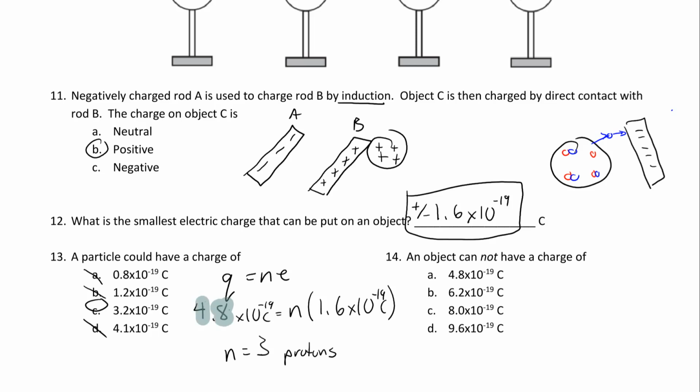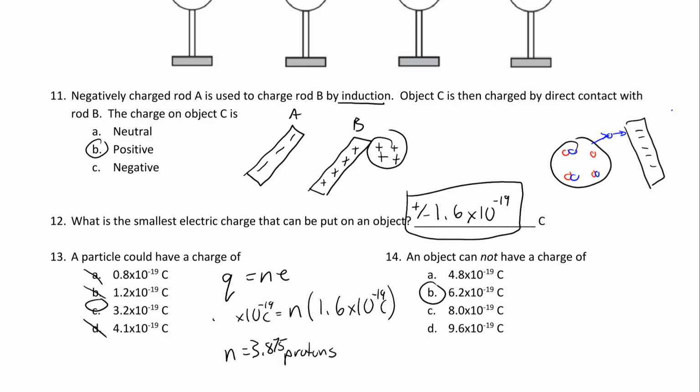And if you do 6.2 divided by 1.6, you get this weird answer of like 3.875. So that's no good. You can't have 0.875. It needs to be a whole number. That's looking like our answer because you can't have it.